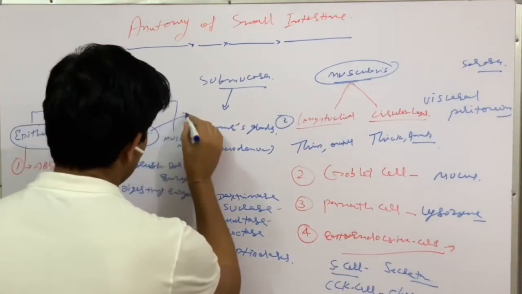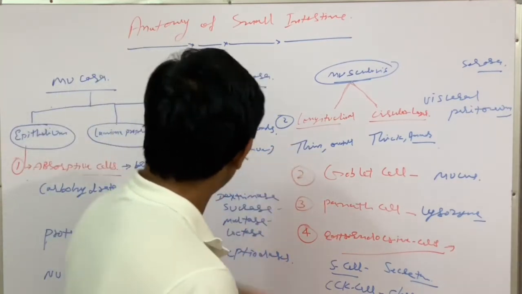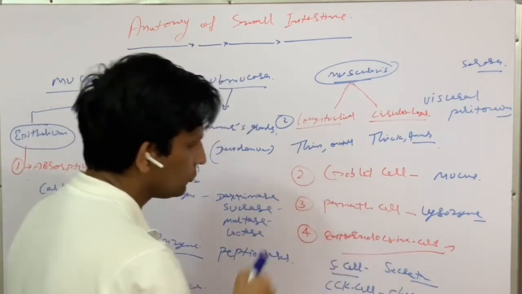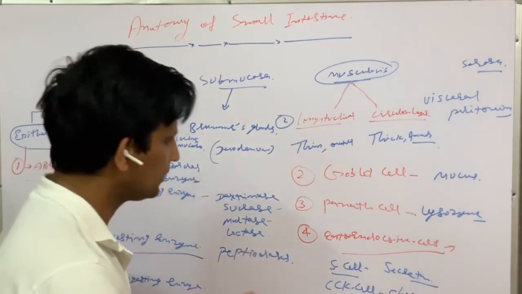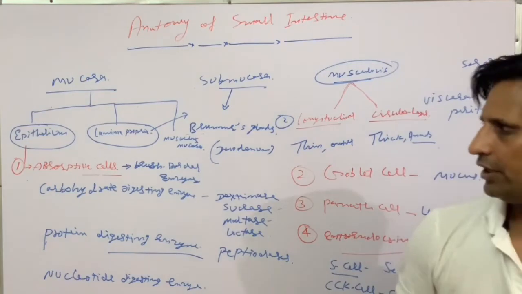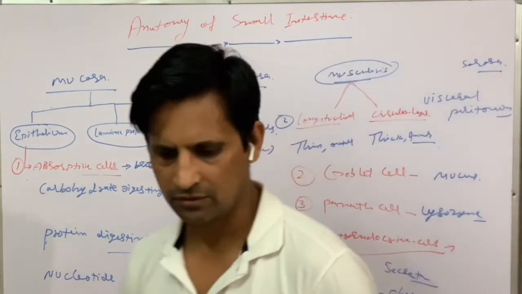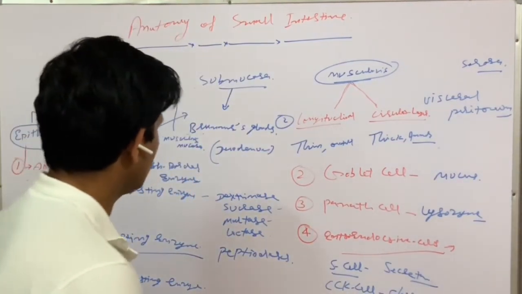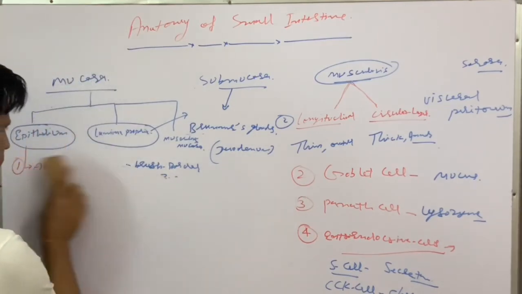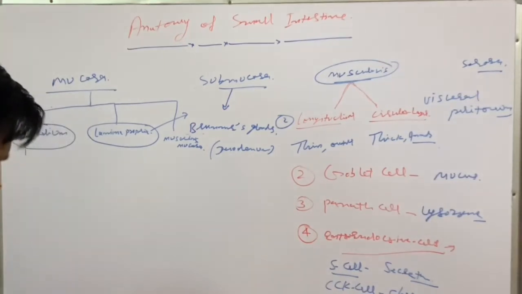And lamina propria supplies all these muscles through its arteries, and of course there will be arteriole and venule. So we should draw the structure of this portion again. It will look like this.